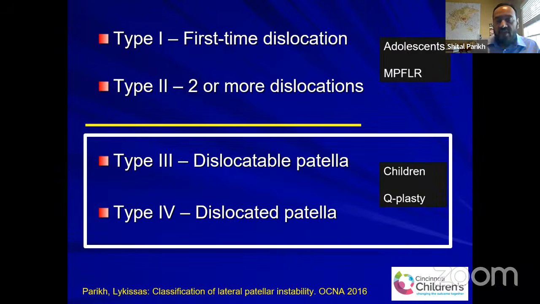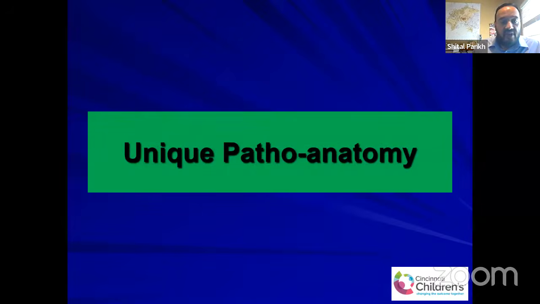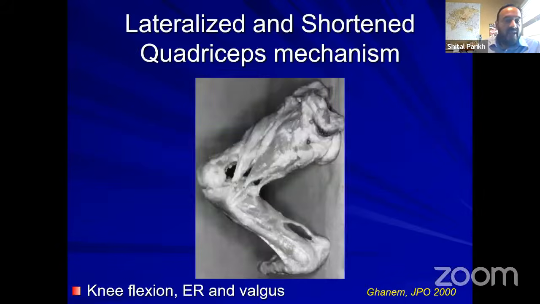So in patients who have a dislocatable patella or a dislocated patella, the pathoanatomy is different. If we look at what has happened while they were growing, everything has shifted in a lateral and posterior direction. The quadriceps mechanism is shortened.